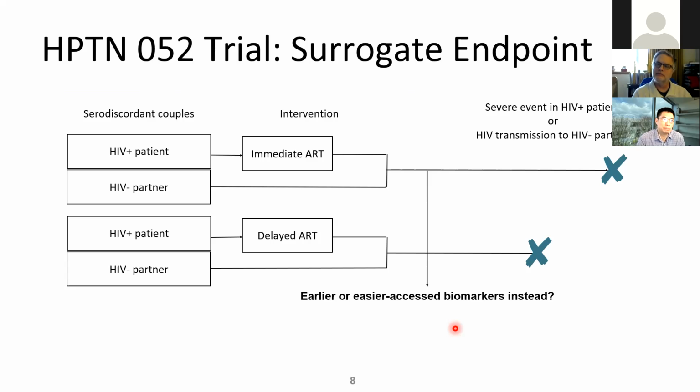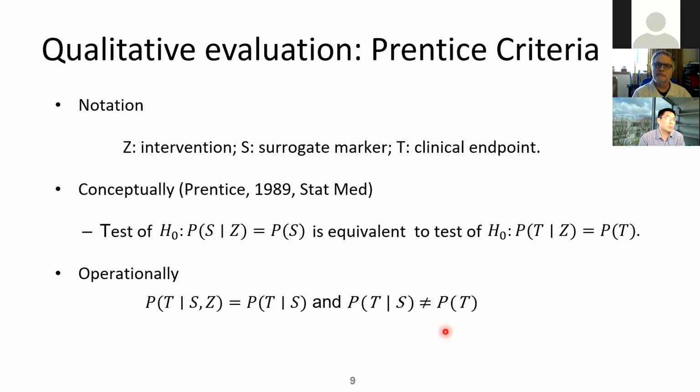It's still an issue. So a qualitative evaluation of a surrogate endpoint almost always traces back to Ross Prentice's so-called Prentice criteria.